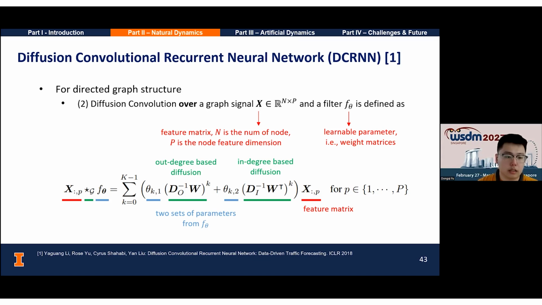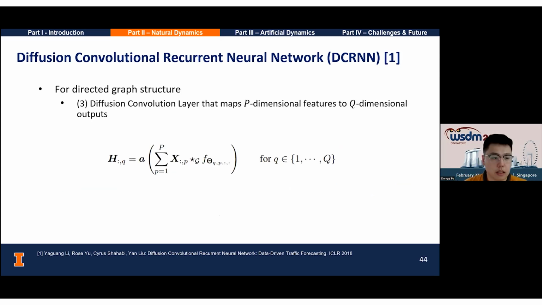For each in-degree and out-degree diffusion, we prepare a parameter as the weights to project the diffusion we just computed. And then we have this iteratively, like the random walks.